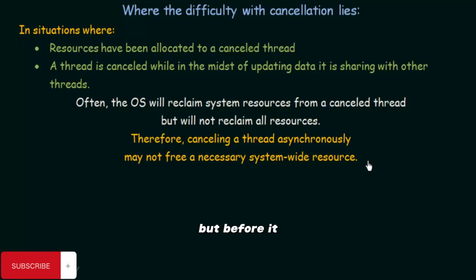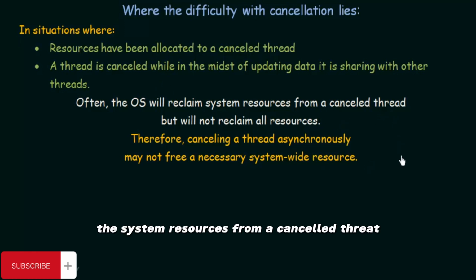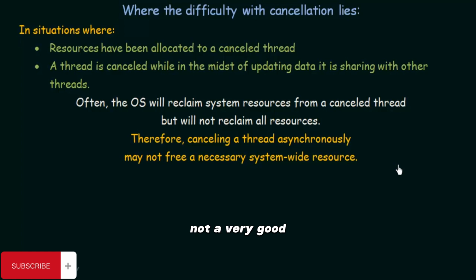But before it completes execution, while it is still holding that resource, if it gets asynchronously canceled, it has no option but to be canceled, and it may not actually release that resource, and hence that resource may become unavailable. So that is one problem that we have with asynchronous cancellation. In most cases, they will reclaim the system resources from a canceled thread, but in some cases they are not able to do so. So in those cases, asynchronous cancellation is not a very good technique.